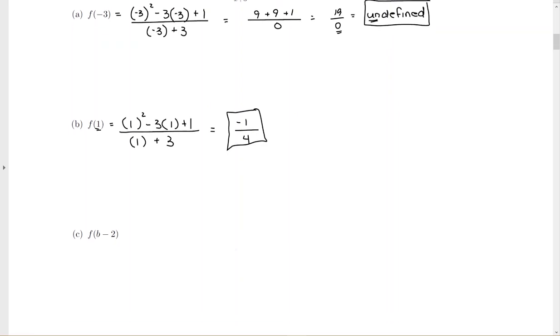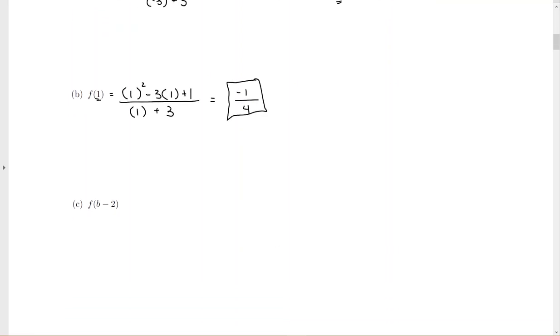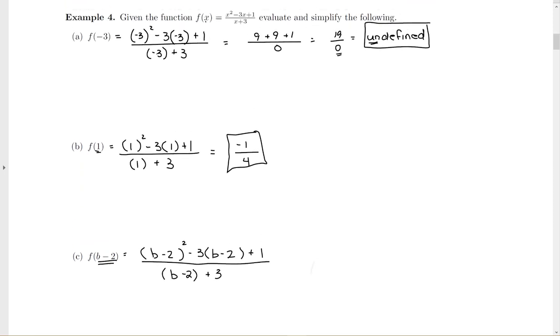For the last one, same thing. We go back up to the f function, take out all of its x's, do the same on the bottom, but then replace it with what's inside parentheses here, b minus 2's. Should be a square up here. All right, so I go back to my original.